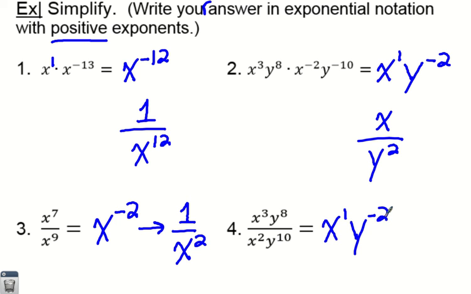So this is going to be the same answer as number 2, because the x will stay where it's at, but the y drops down. The x stays in the numerator, x to the first power, and only the y drops down to make the negative power positive.